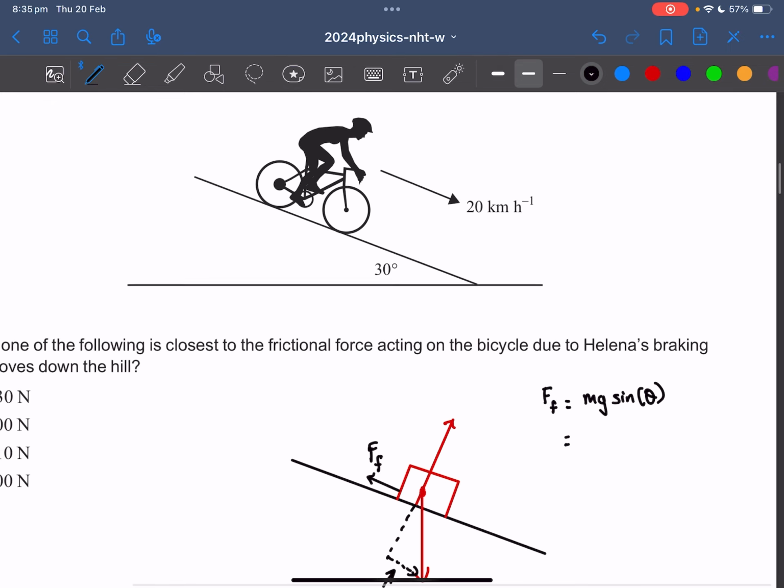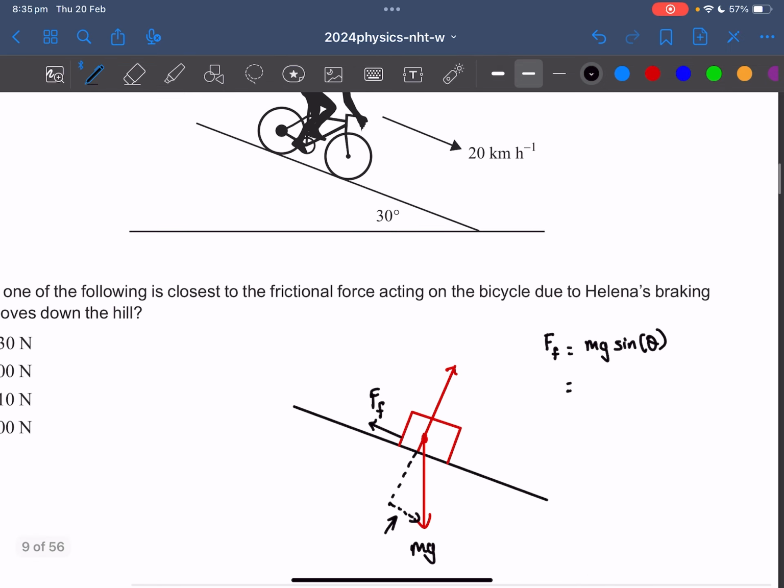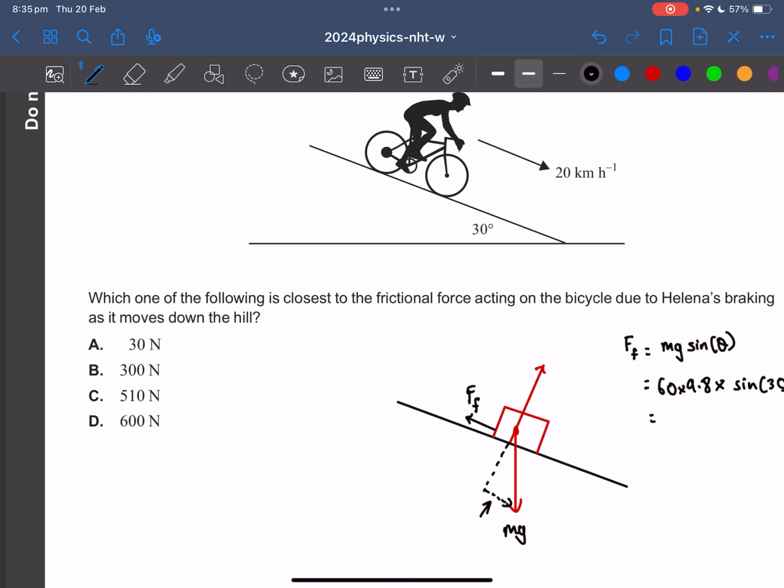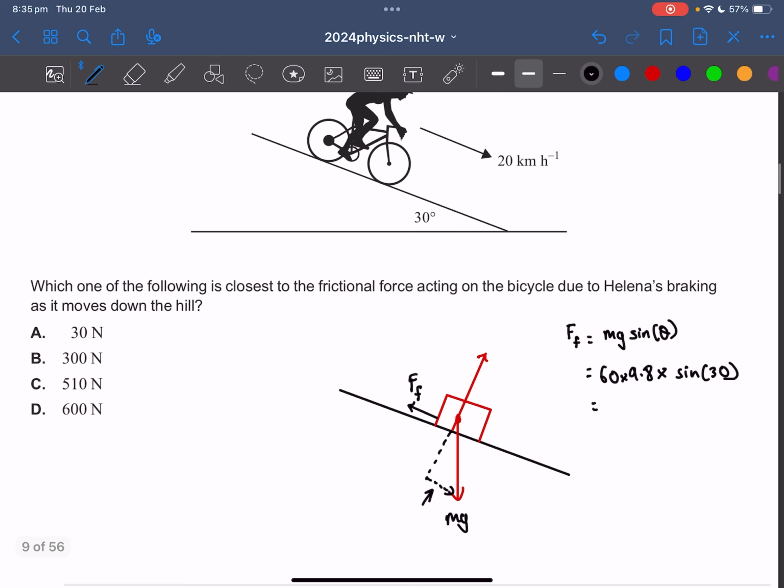So we will get 60 times 9.8 times sine of 30, which is just half, but I'll still write it down like this. So 60 times 9.8 times sine of 30, and that would give us 294. Have I made any mistake?